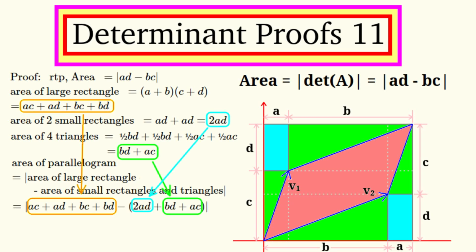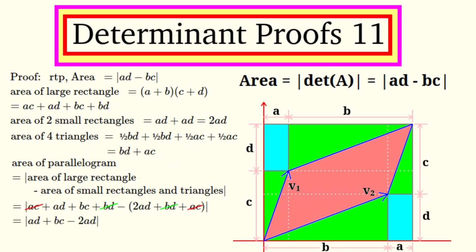So now I'll substitute all of these areas into this equation, and four of these values will cancel out. Then we can add these two values together to give us this value. We can get the negative of this value because it's an absolute value function, which will give us the positive value of this expression. So we've proven this theorem now, but I'd like to complete it a bit more.